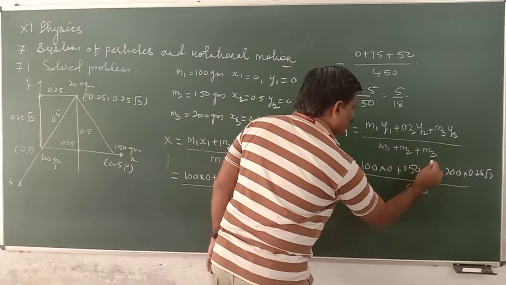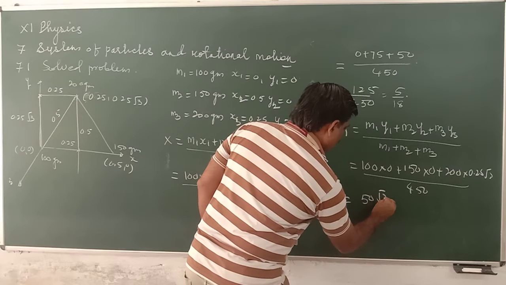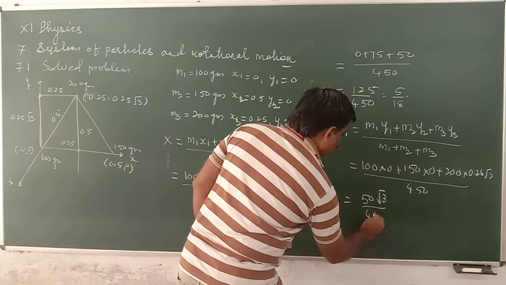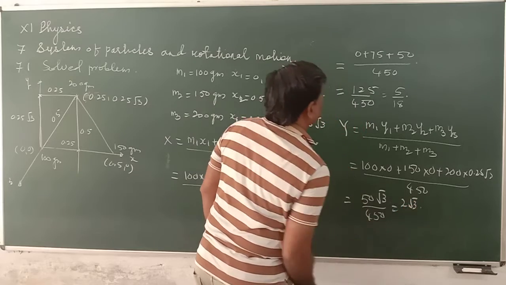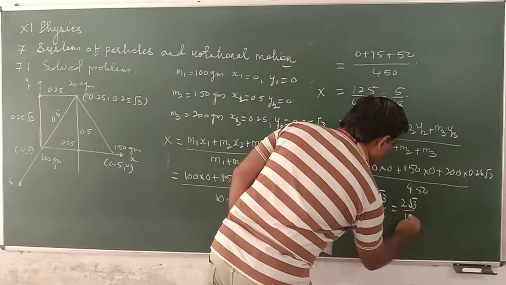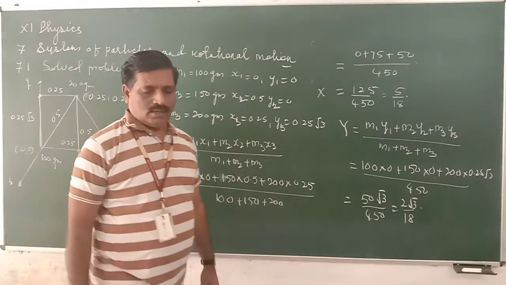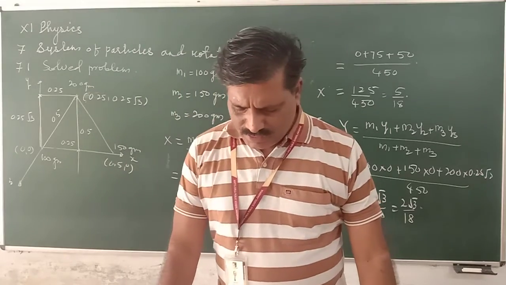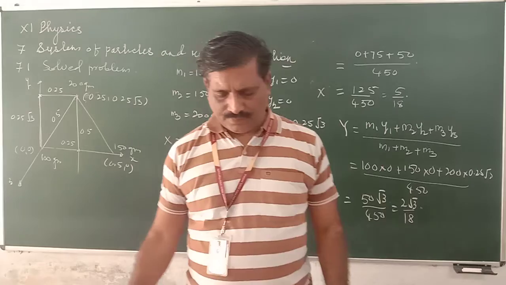If you take this, that is 50 under root 3 divided by 450. So it is root 3 divided by 9, which is 2 under root 3 divided by 18. This is the y coordinate, 2 under root 3 divided by 18. This became your y coordinate.